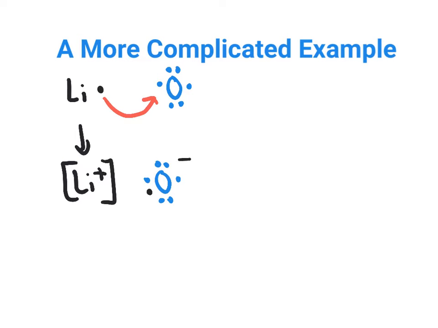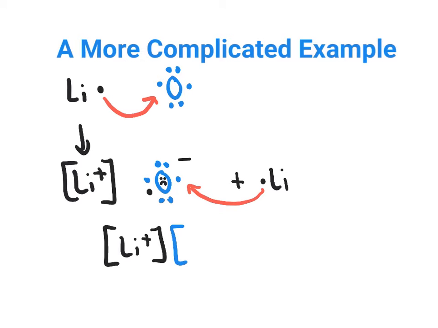The problem is oxygen is still unhappy. So we'll draw a little frowny face on oxygen right there. He's unhappy. In order to be happy, he has to follow the octet rule and be full. So we need another lithium atom. We'll do this one over here. This lithium is going to give up its valence electron to oxygen. And when we're all said and done, we end up with lithium with a +1 charge, we have our oxygen right here.